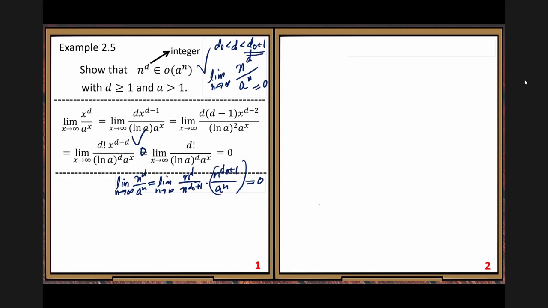Here, I take a very large d, say d as 1 million. Is this function large? n raised to the 1 millionth power. When n goes to infinity, do you think it is a huge number?